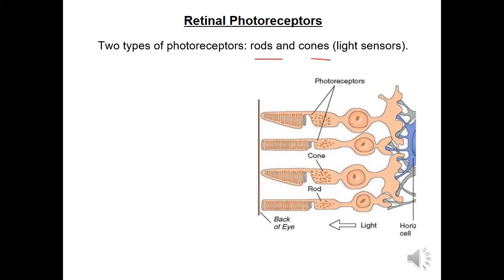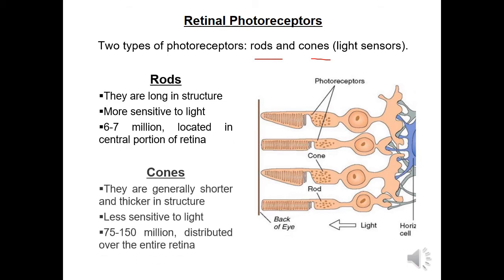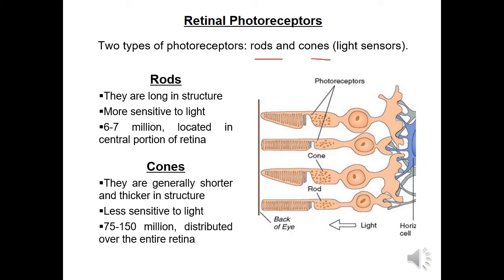In this diagram, you can see how cones and rods are connected to nerves. Here you can see the cones and rods connected to the nerves. Rods are long in structure, like the rod shown here.